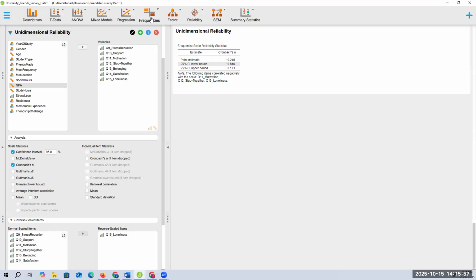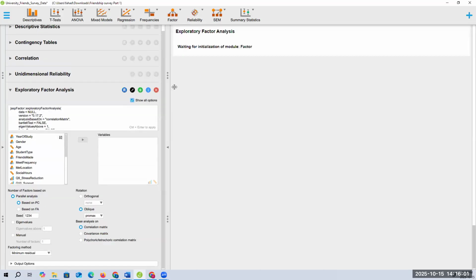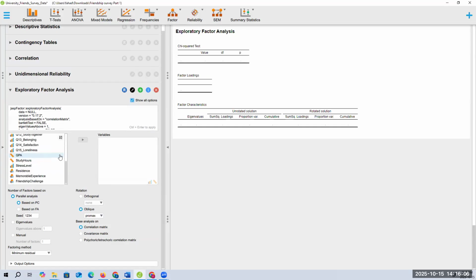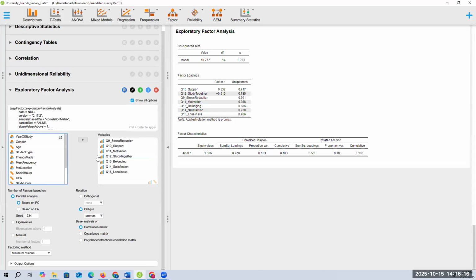So we can do factor and we can do exploratory factor analysis. And for here, we'll look at question 5, question 9 to 15, and move it across. Question 9 to 15, and under extraction, choose factor analysis, principal factor analysis.